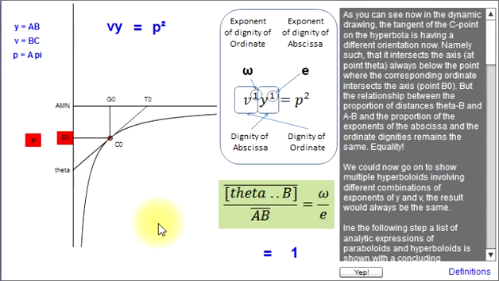Because you can imagine that knowing the analytic expressions, you also know always the exponents of their dignities, and because of this very theorem of Ricci, you can use this always to calculate the slope of the tangents.